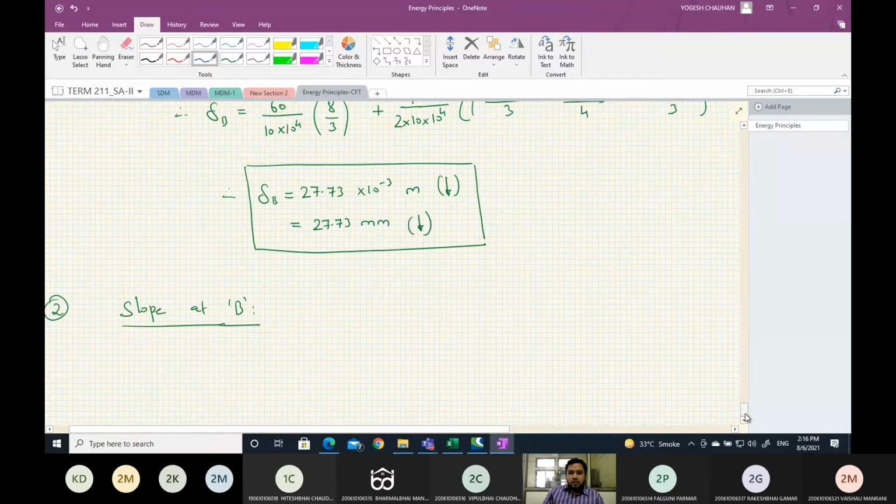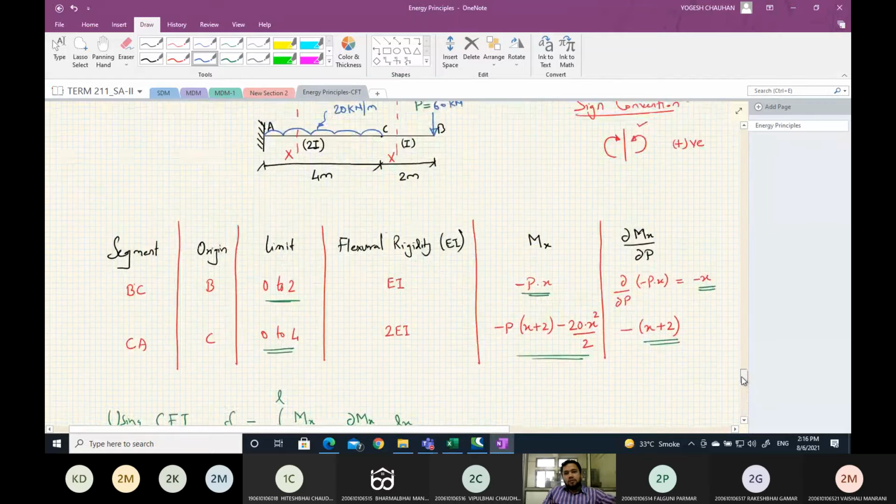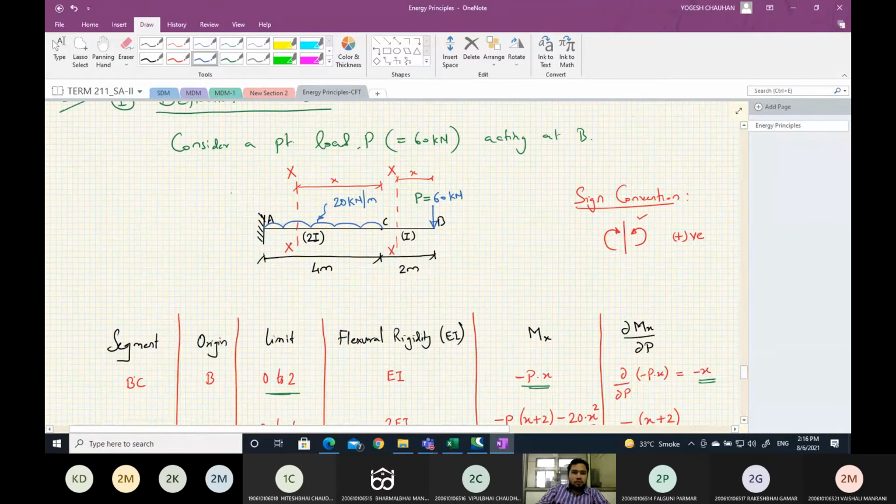Now similarly, we'll solve this for finding the slope.